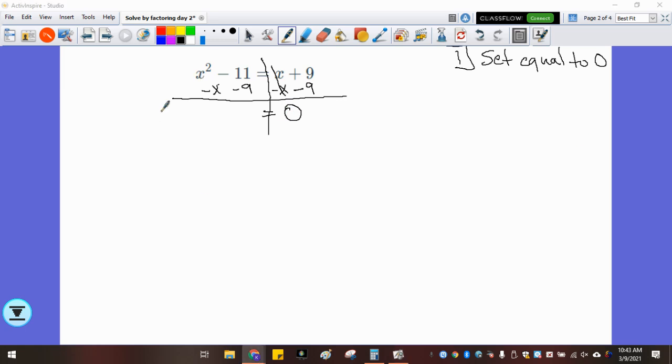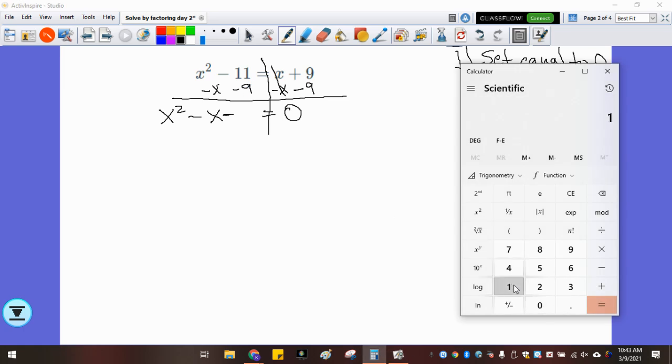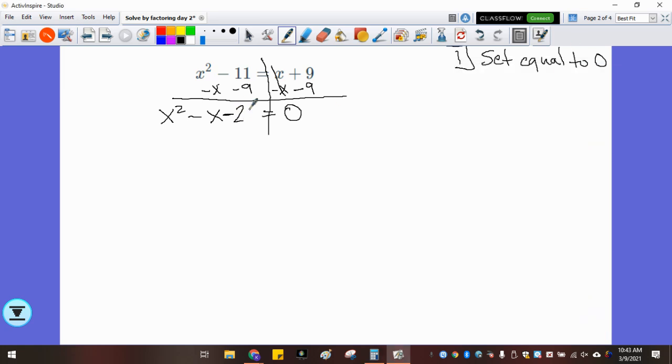So you have x squared goes first, then your x, and then we need to know what -11 minus 9 is. -11 minus 9? Negative what? 20. -20.